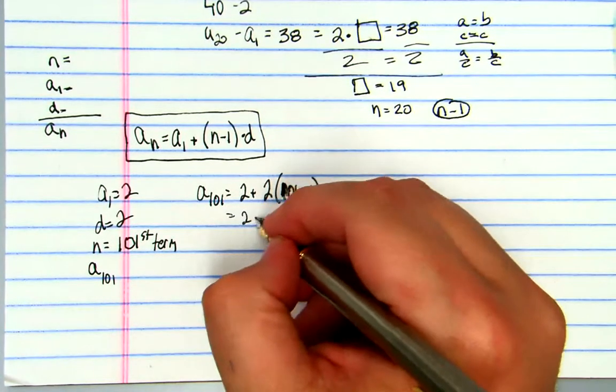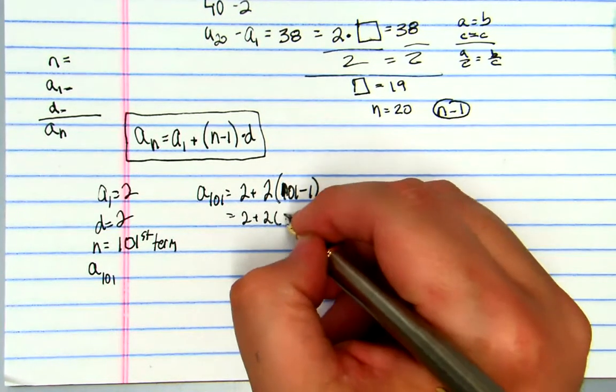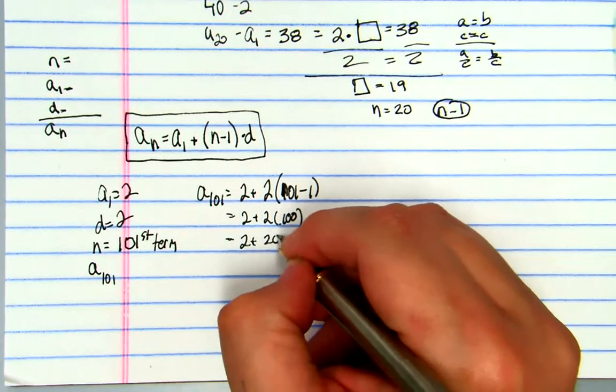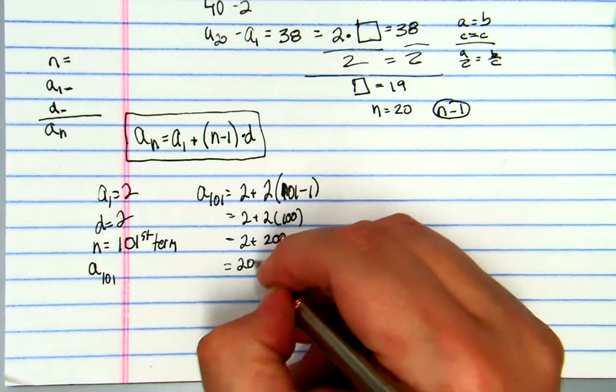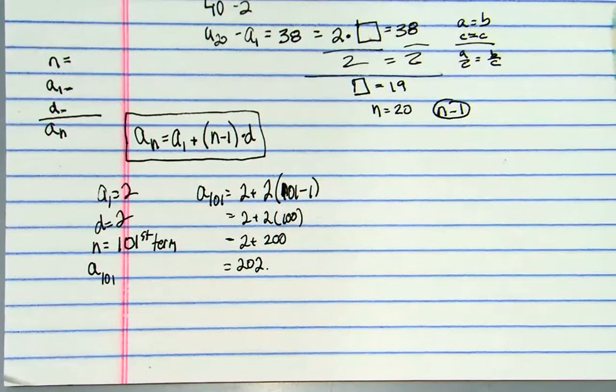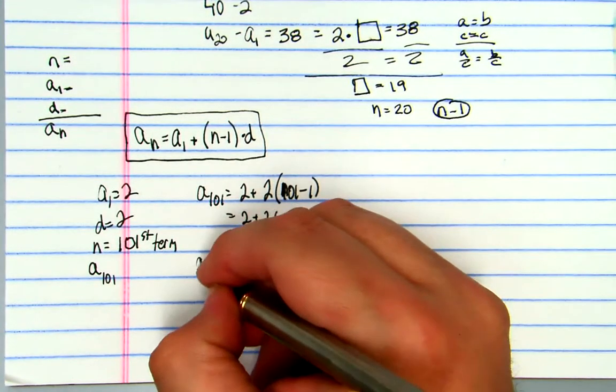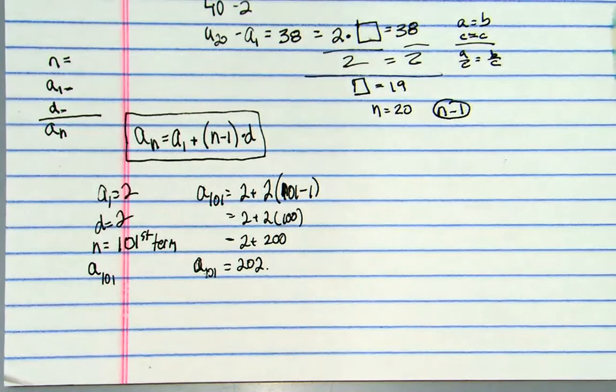So it'll be 2 plus 2 times 100, 2 plus 200, which is 202. That's my a sub 101. If you don't believe me, jump into Microsoft Excel and you'll figure it out.